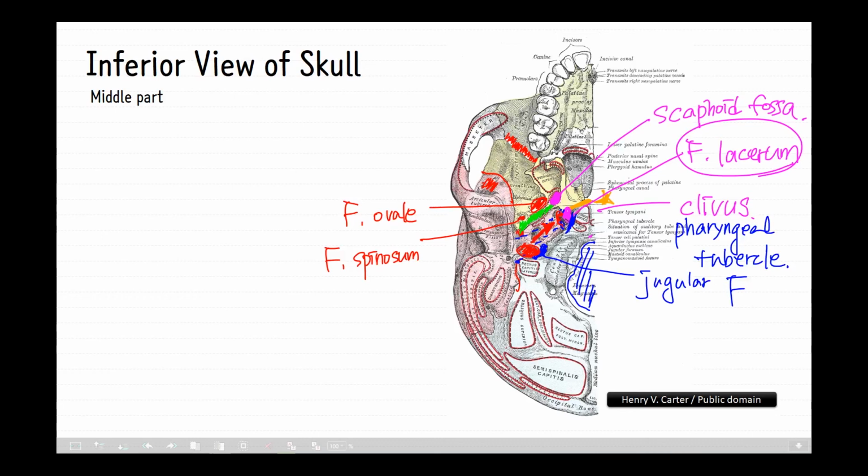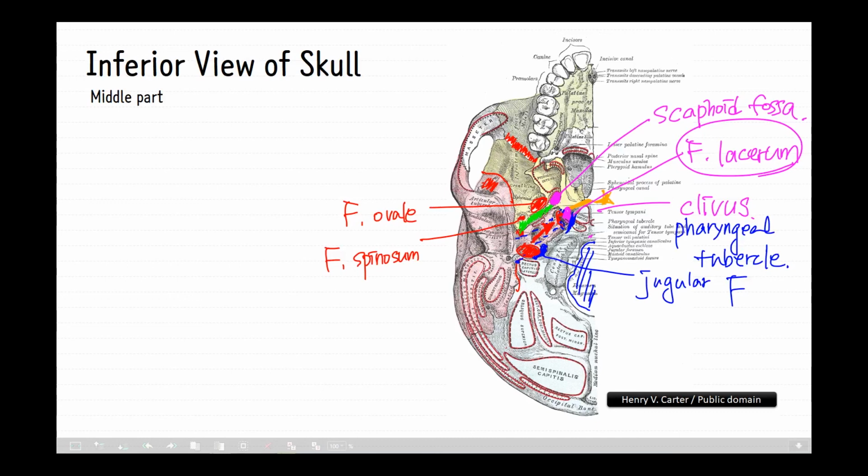Meningeal branches of the ascending pharyngeal artery and the emissary vein from the cavernous sinus also traverse the foramen lacerum. In life, the lower part of the foramen lacerum is partially occluded by the cartilaginous remnants of the embryological chondrocranium.